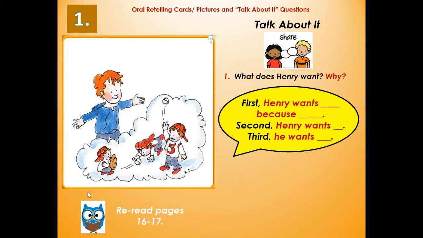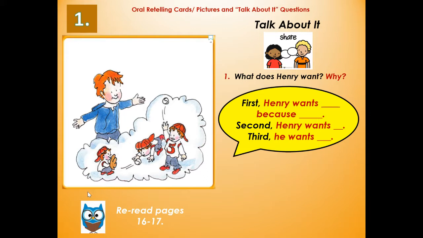If you remember, first Henry wants a brother or a sister because he's lonely. He asks his parents and they say no. Second, Henry wants to move to a different neighborhood because there's not any kids in his neighborhood to play with. But his parents say, sorry, no, we can't move.